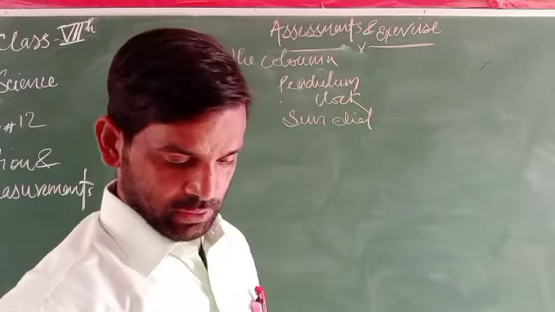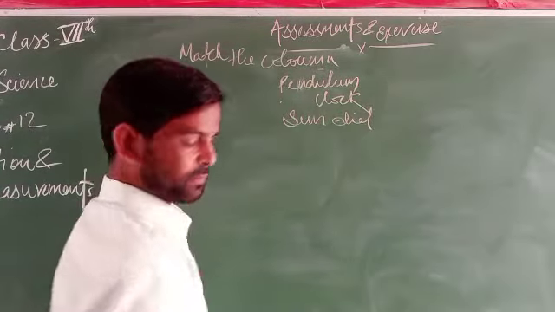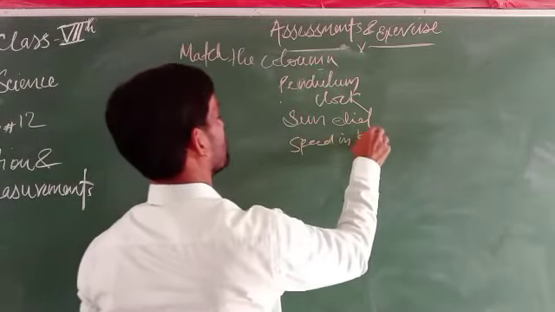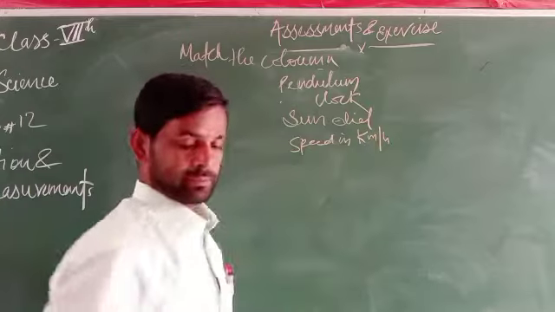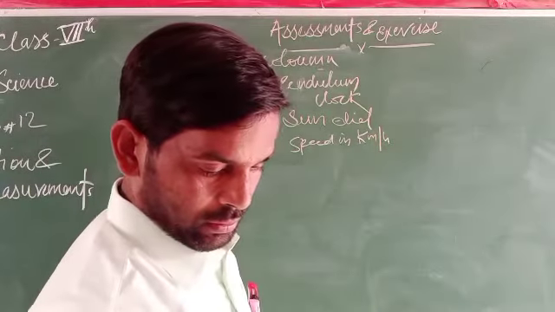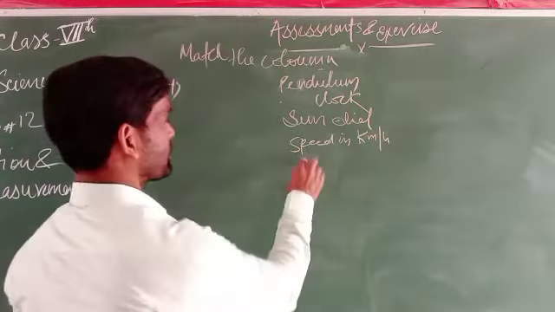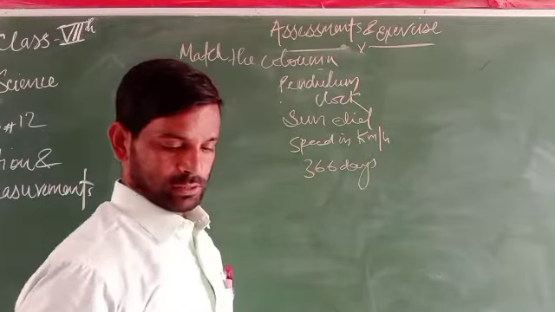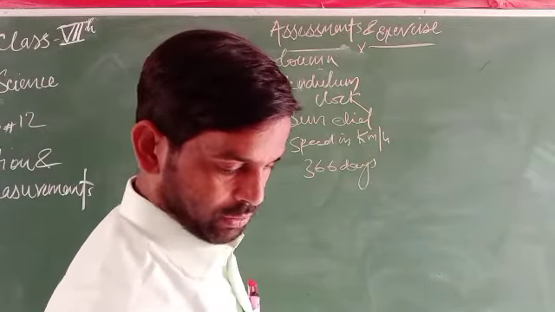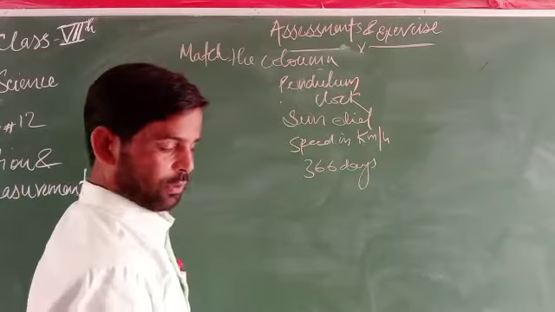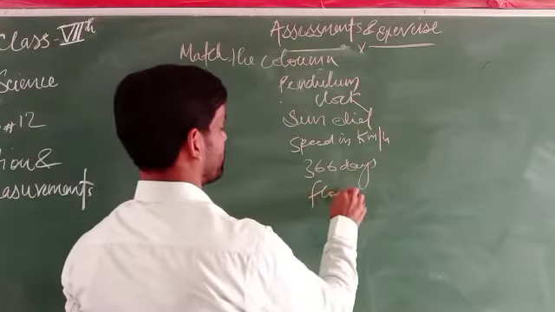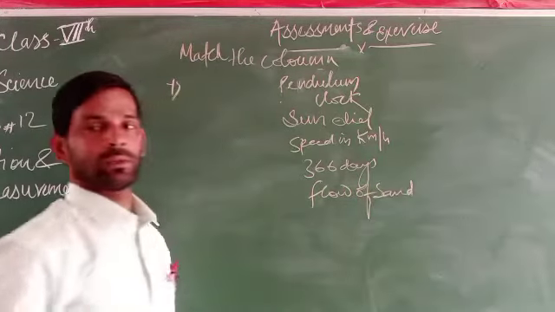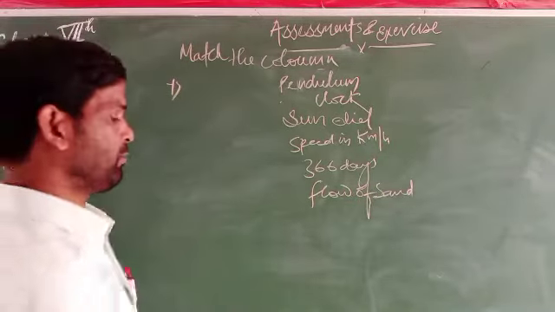Speedometer is speed in kilometer per hour. Leap year is 366 days. And sand glass is the flow of sand. This is all about match the column.